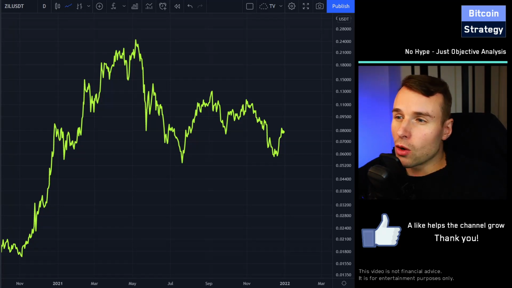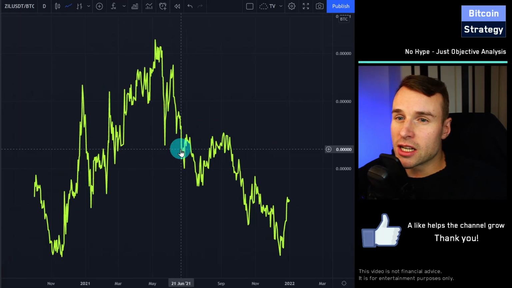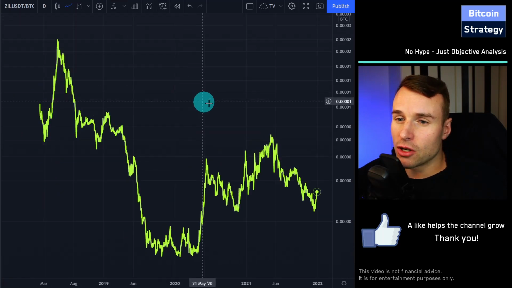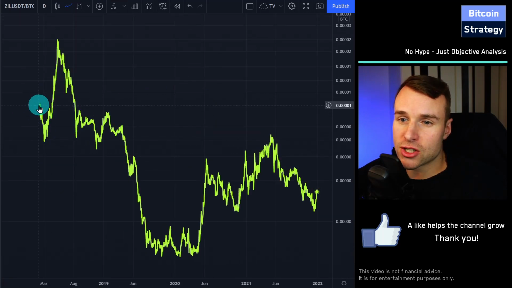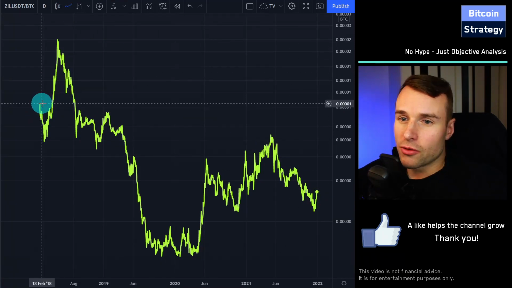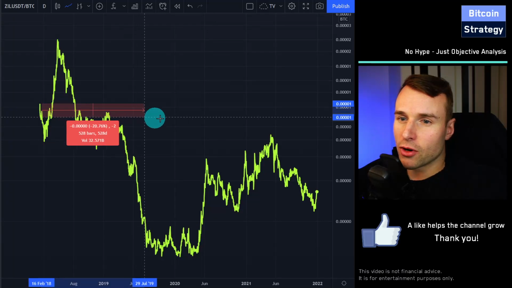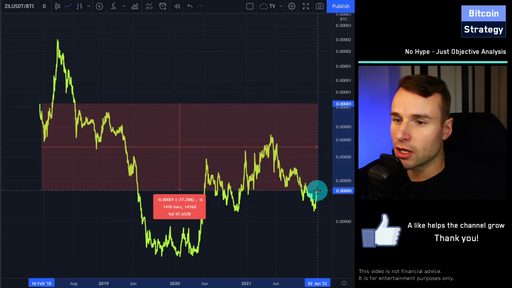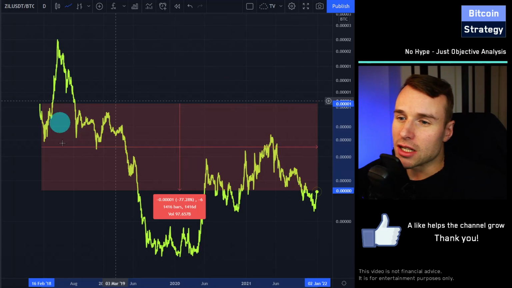We want to know what are the movements that are specific to Zilliqa that are not simply caused by the general crypto market. And so here we've got the Zilliqa price divided by the Bitcoin price over the very long term. So this chart starts in February 2018. And so if you're wondering how much underperformance this was since the beginning, we are looking at 77% underperformance.